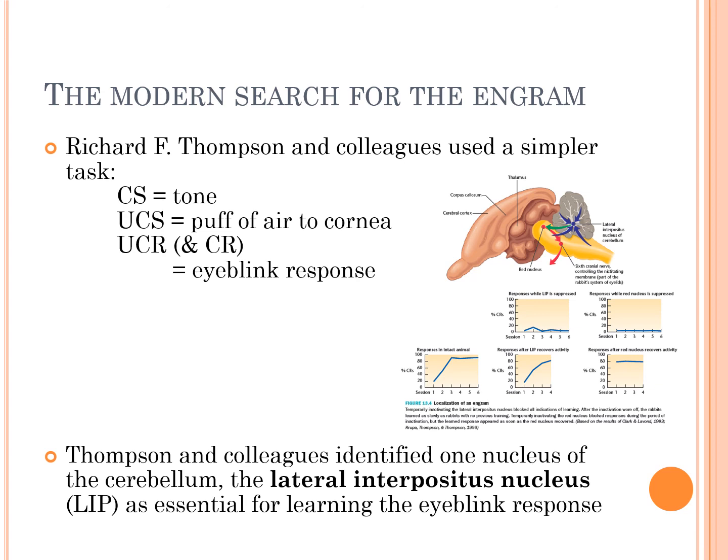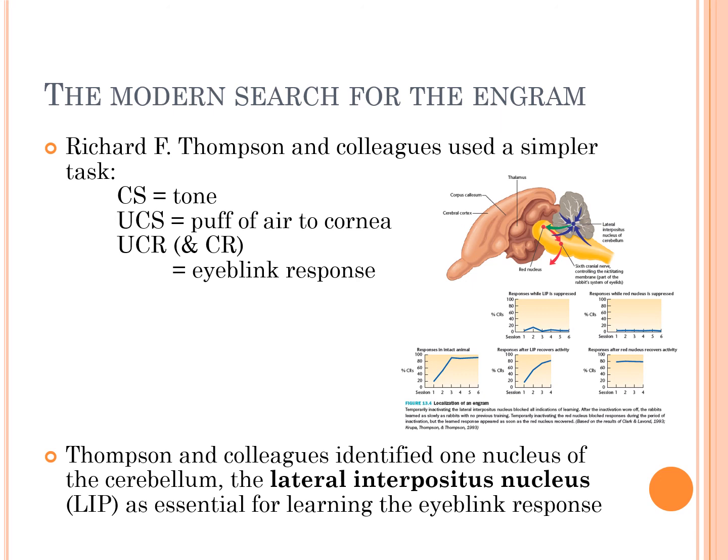What's happening in that figure is no learning is occurring, right? Again, there's no response, no change in response, because we're getting the tone and the puff of air being presented together again and again. Now we bring back the red nucleus. We allow it to come back and the chemical to wear off or whatever.